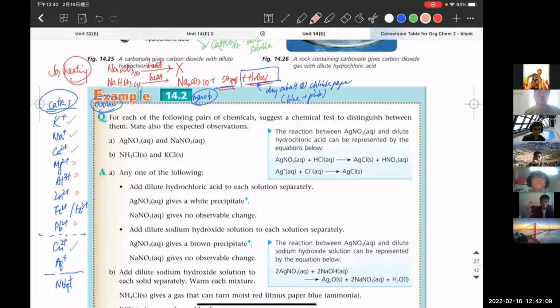Only by using the alkali, it will give you a white PPT. But it is different if I use NaOH or if I use ammonia. The white PPT will form, and some of them will dissolve in excess alkali, some of them will not. I do two tests. Only by having two tests would you know which chemical it must be.